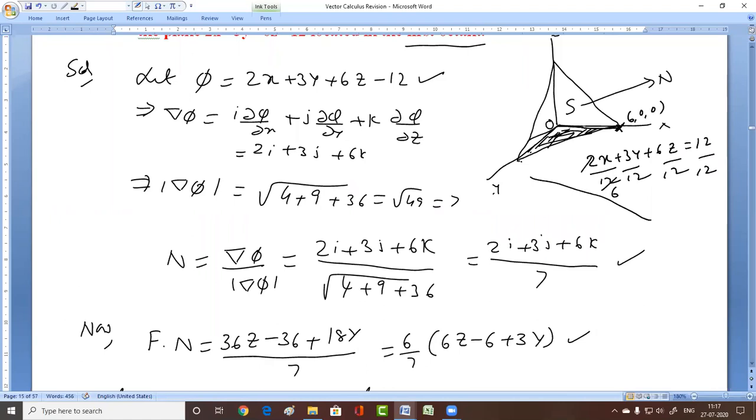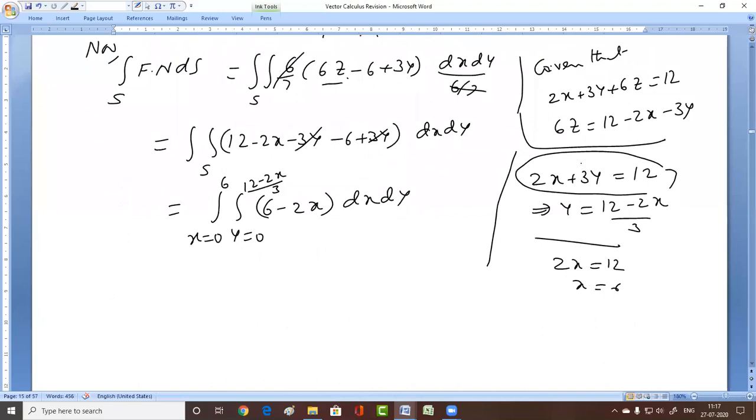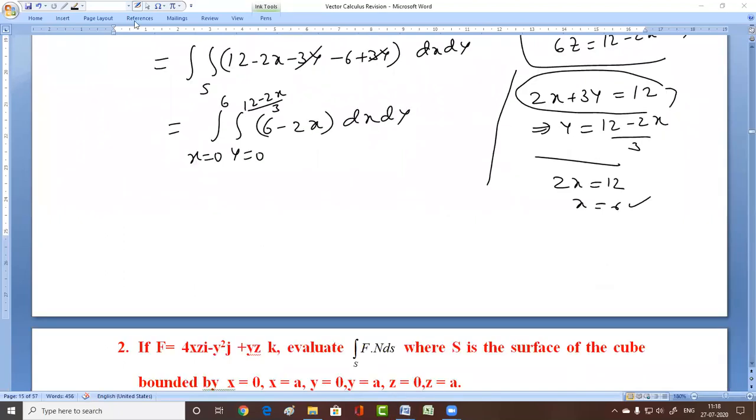So x varies from 0 to 6 only. The simple method is to remove the y term and find x; you will get x equals 6. Now everything is ready, and we will integrate.